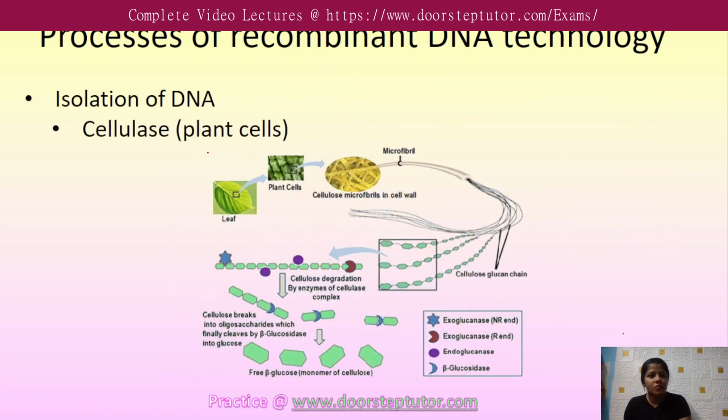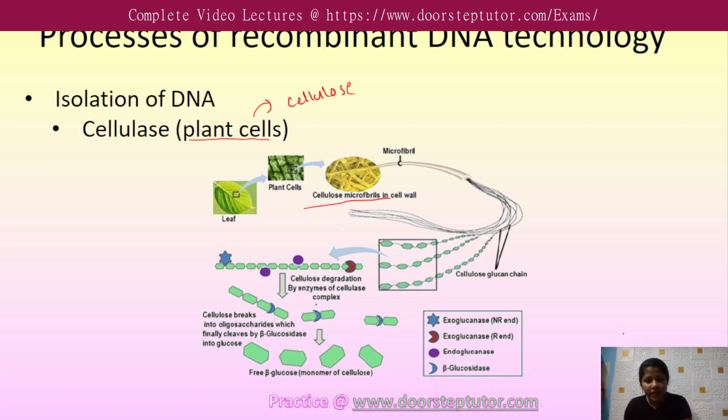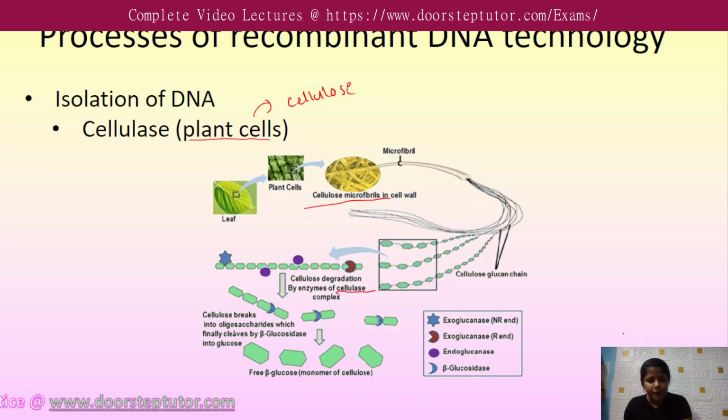After that, in case of plants, the cell wall is also present, but this cell wall is made up of cellulose, as you can see over here. So this cellulose will be broken up into oligomers or oligosaccharides with the help of the enzyme cellulase. And further, beta-galactosidase will break this oligosaccharide into glucose monomers.